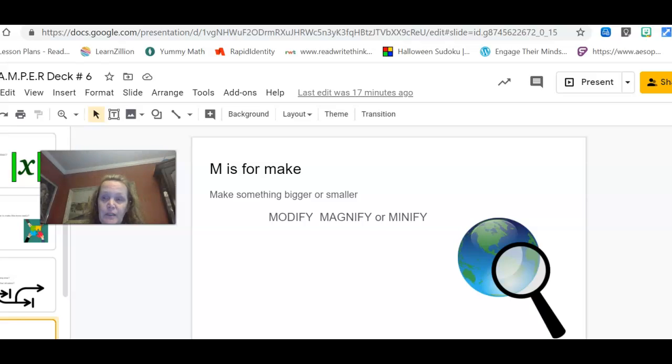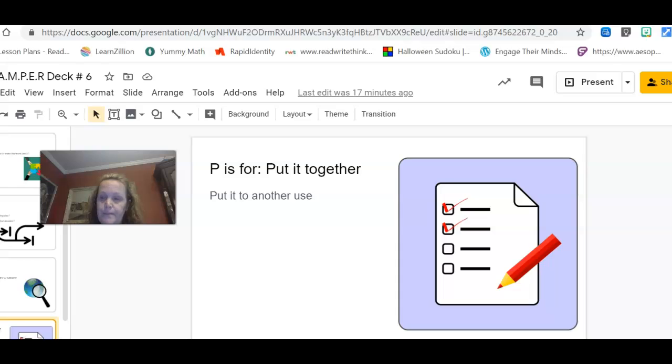So we have S for substitute, C is for combine, A is for adapt, M is for make, the next letter is P. P is for put. Put it to another use. If we go back to computers, computers were first used for just collecting data.